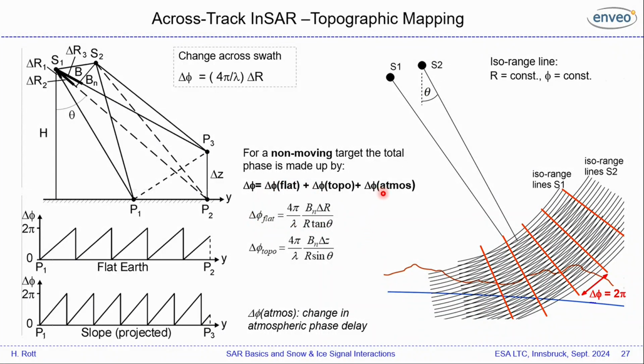There's also an atmospheric signal, which I cannot talk about now, because if the atmosphere changes, the propagation conditions change, the phase changes, and it's mostly water vapor which plays a role, which is usually not so critical over cold areas, but still it can cause some errors if you come over different types, which again calls very much for single-pass interferometry, having both measurements at the same time, like TanDEM-X.